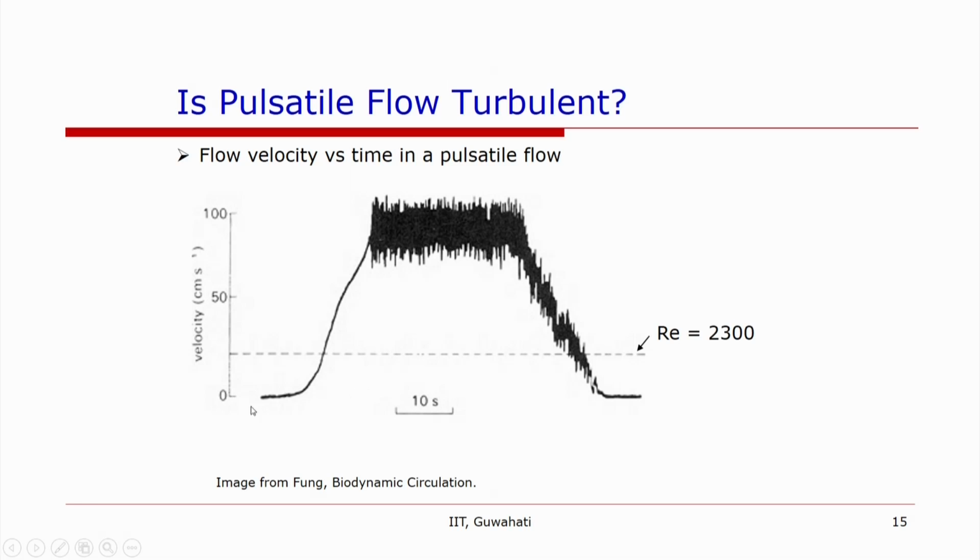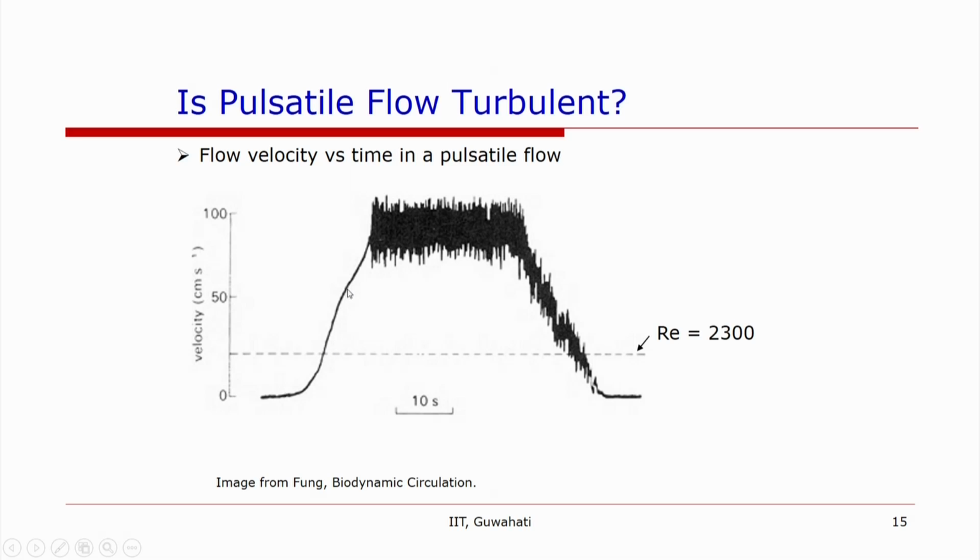You might see here that as the velocity grows, the flow remains laminar for a sufficiently higher value of Reynolds number before it becomes turbulent, that means before the fluctuations in the velocity become random.